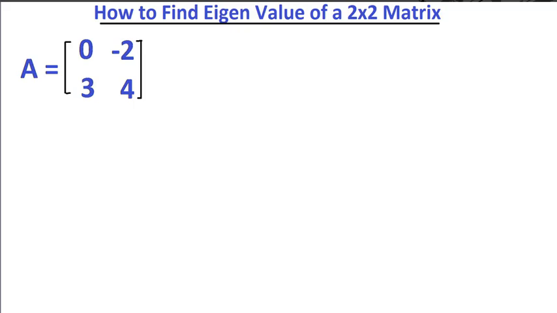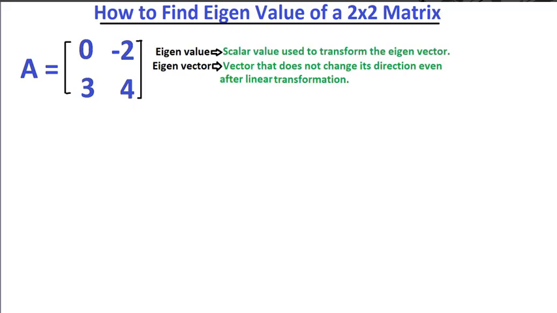I have already written a matrix of the order 2 into 2 because it has 2 rows and 2 columns. Before finding the eigenvalue of this matrix, we will see what eigenvalue and eigenvector are. Eigenvalue is basically a scalar value.